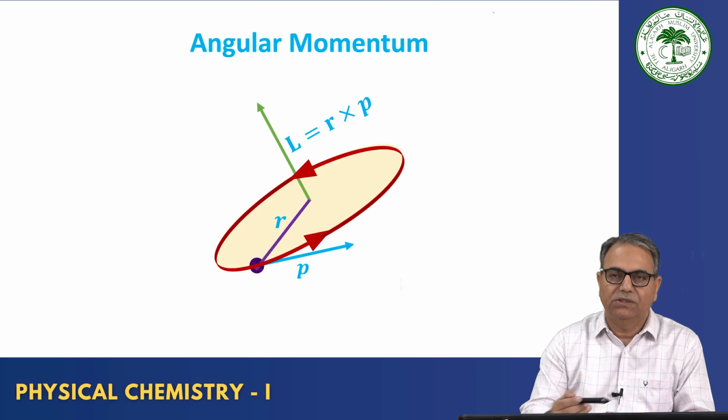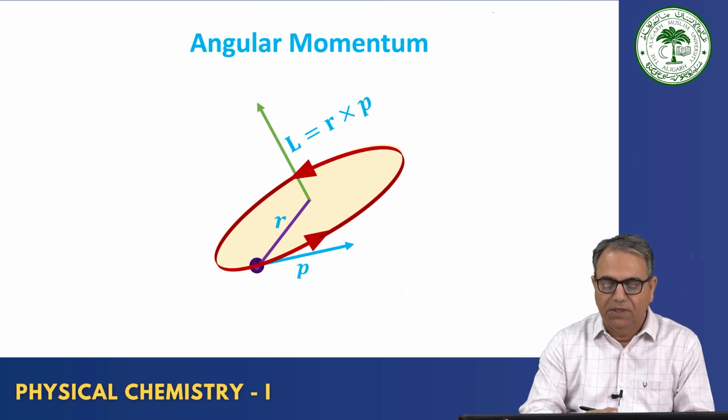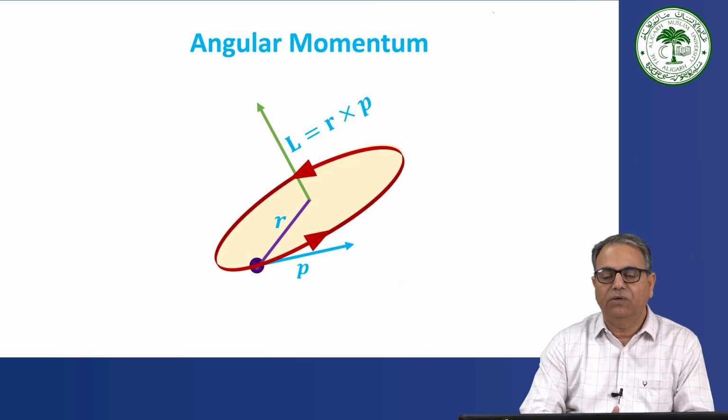That's what is drawn here, not in the form of a thumb. This angular momentum is represented by the symbol L, and it's one of the fundamental concepts, because we have talked about the rigid rotor and hydrogen atom in quantum mechanics, and in both cases we found circular motion.